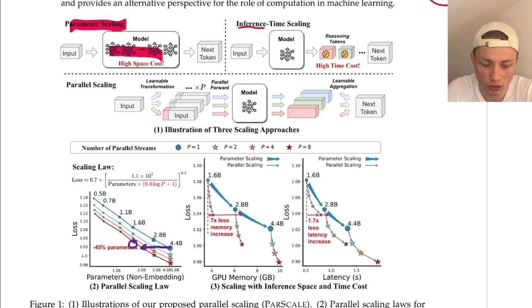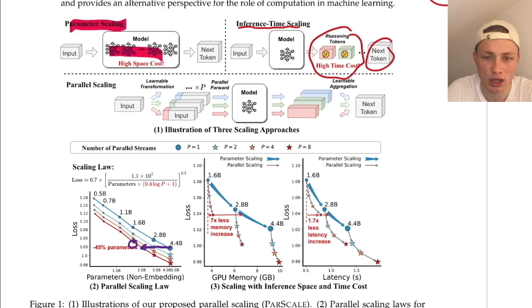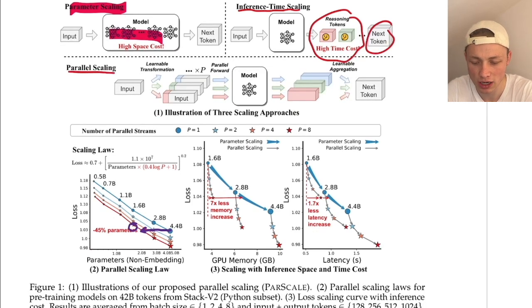Then we have inference time scaling, where we have reasoning tokens, and each reasoning token helps the model to think about making the prediction of the next token. So this takes time in inference, but also in training.